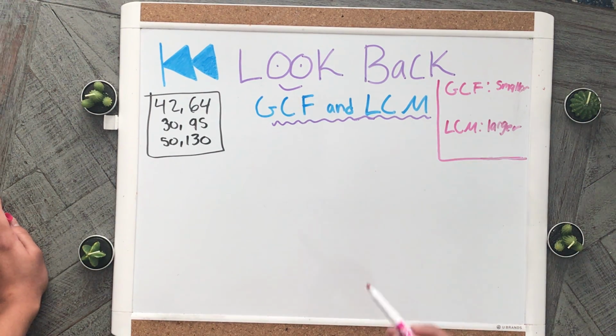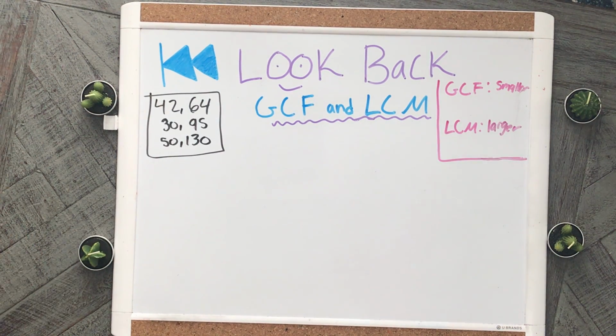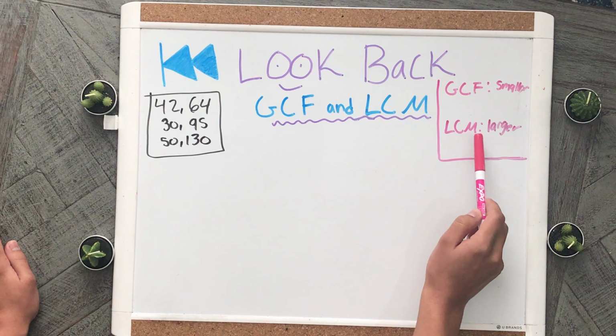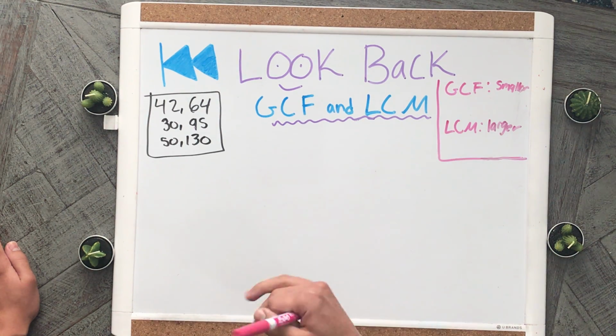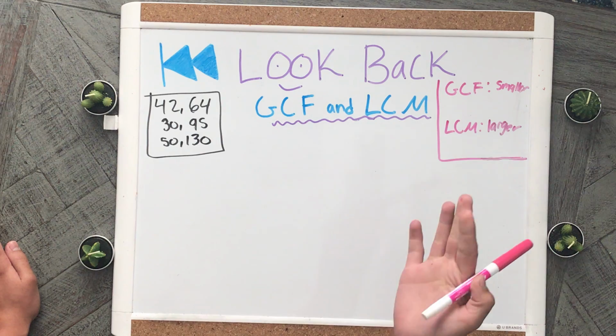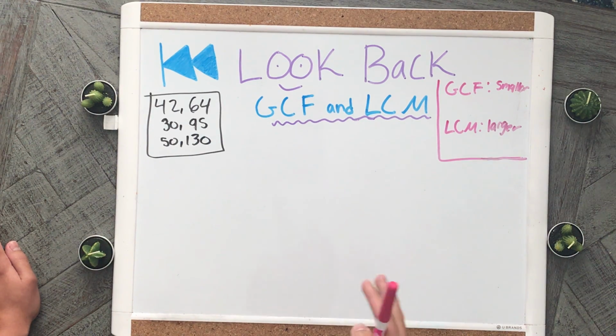Another little rule of thumb I like to use is this M in the LCM. It reminds me that I have to do more. Whereas for the greatest common factor, we can just remember using the commons.